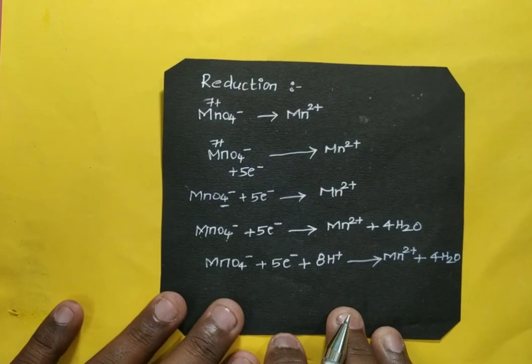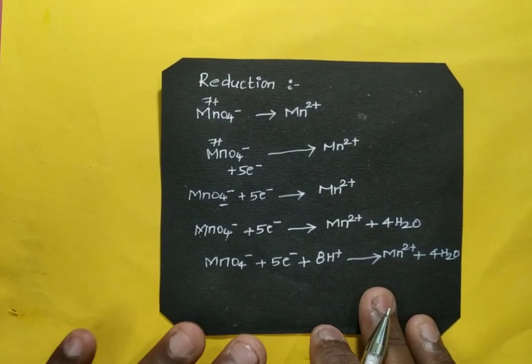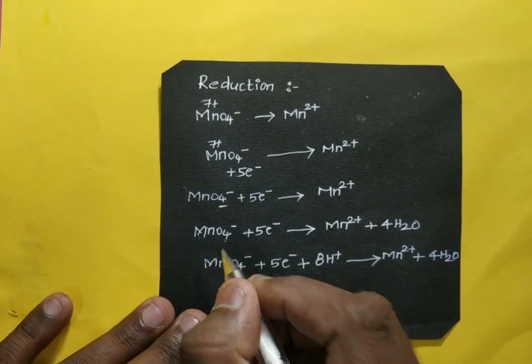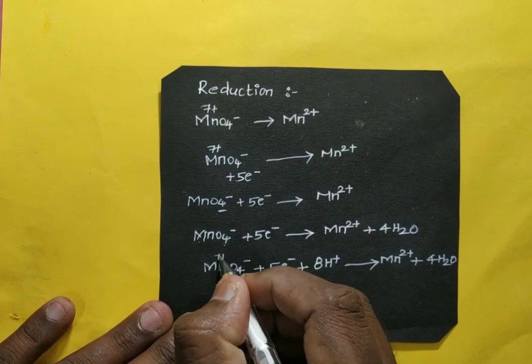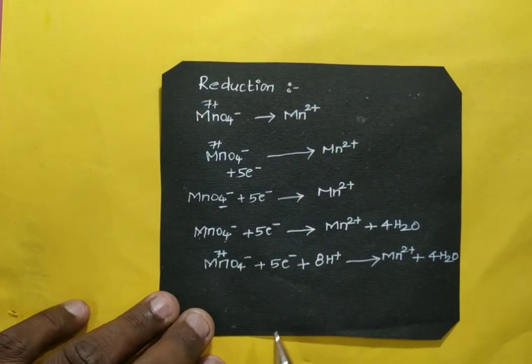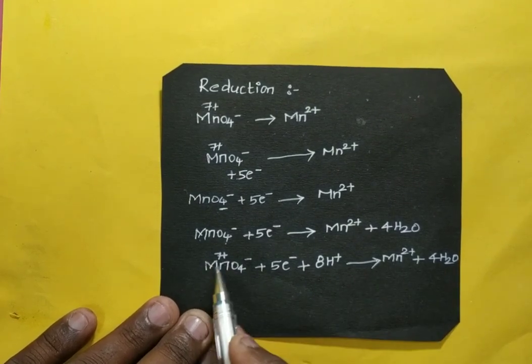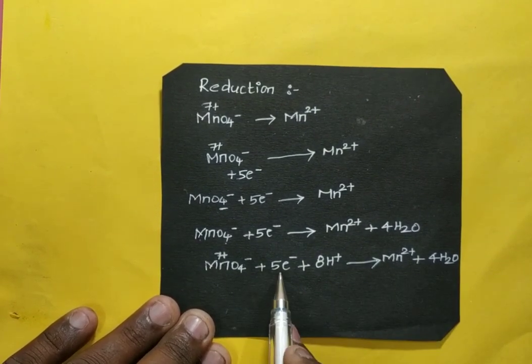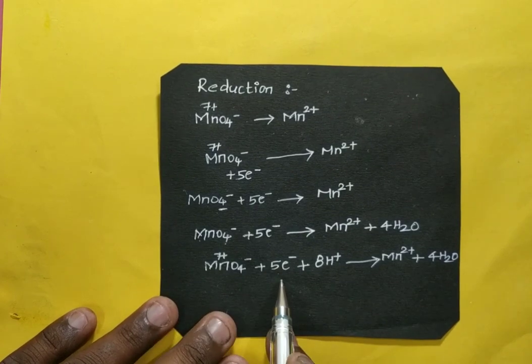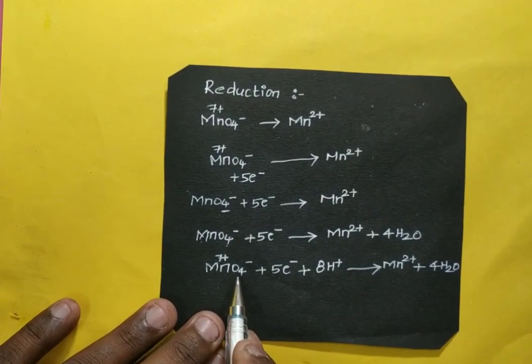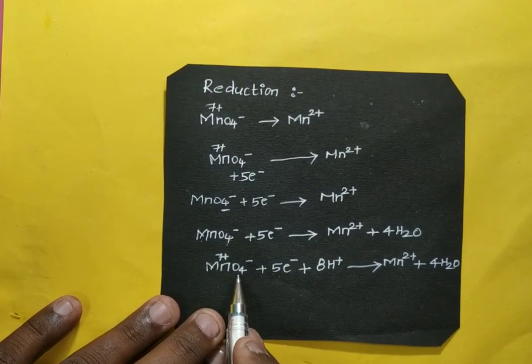Are you able to understand? Now you can check whether the equation is balanced. The oxidation state of Mn is 7 plus on one side and 2 plus on the other, so 5 electrons, and it is balanced. How many oxygens are there? 4 oxygens.